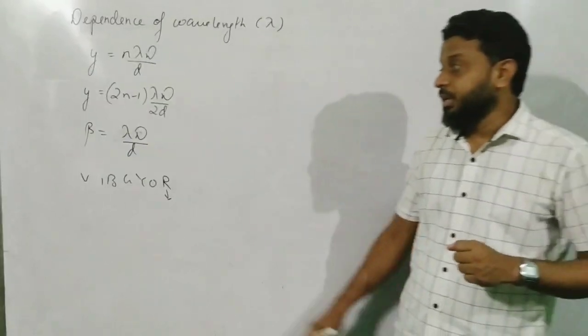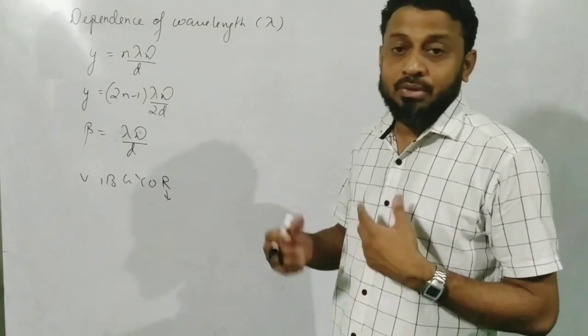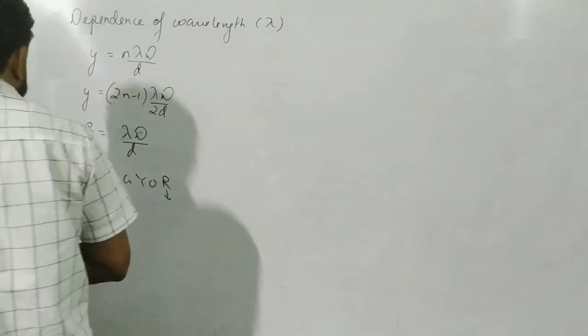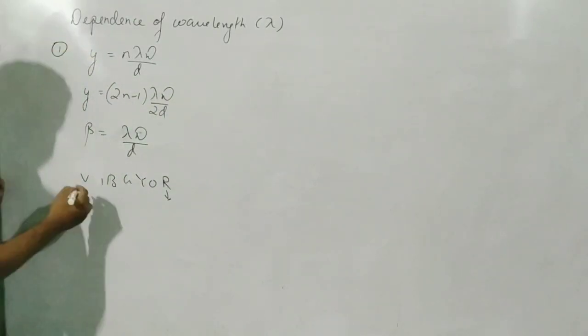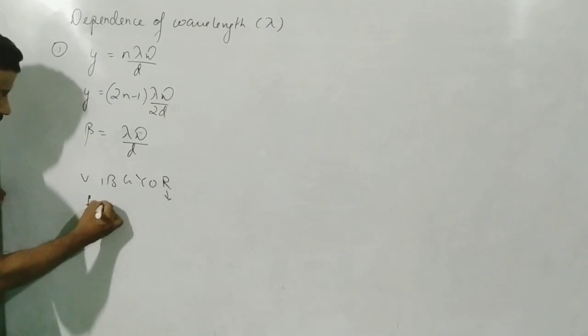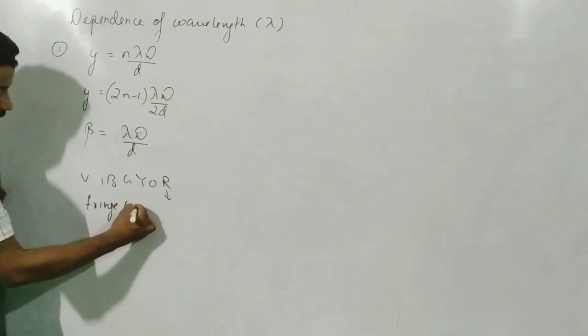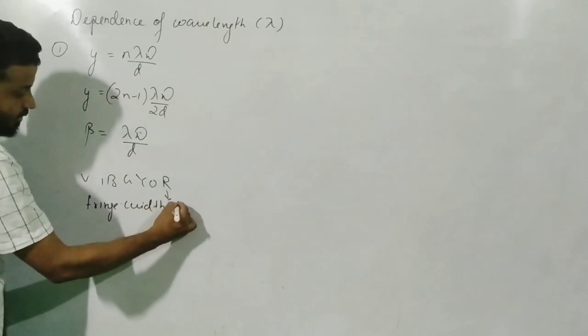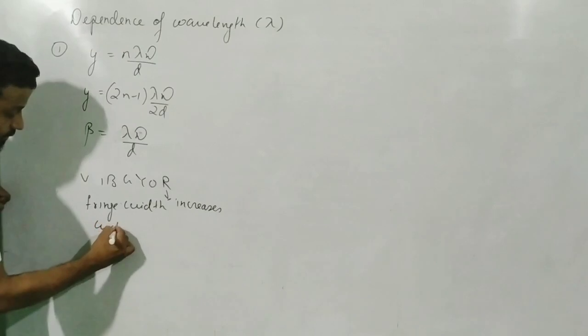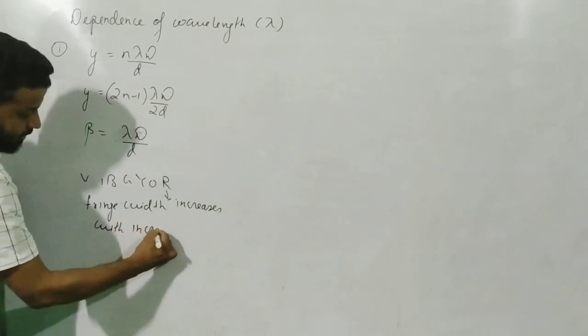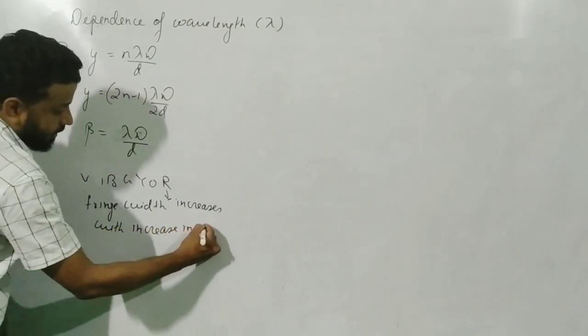So fringe width increases with the increase in lambda. That is the first thing you have to know. Fringe width increases with increase in wavelength.